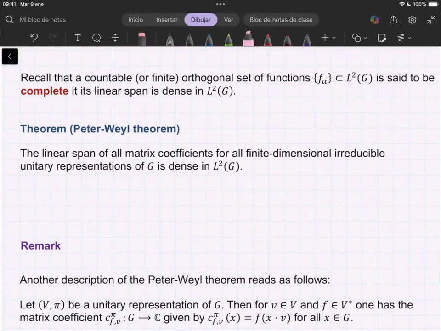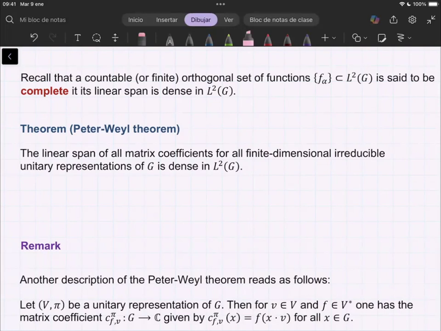So any function in L2 can be approximated in the L2 norm, of course, by linear combinations of matrix coefficients.